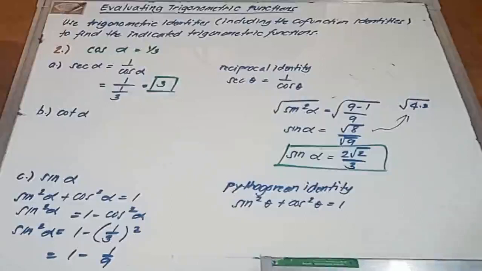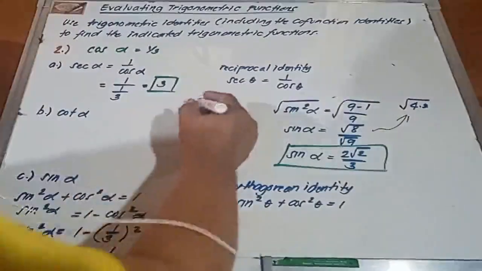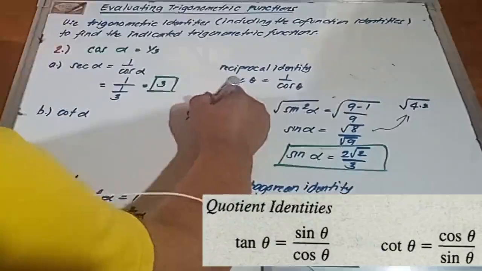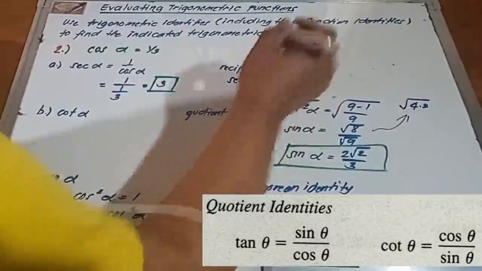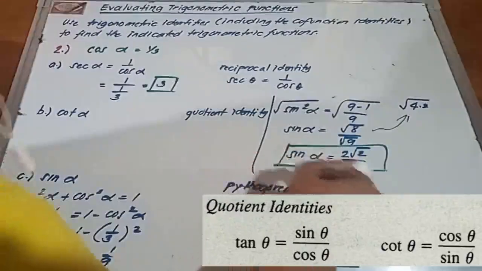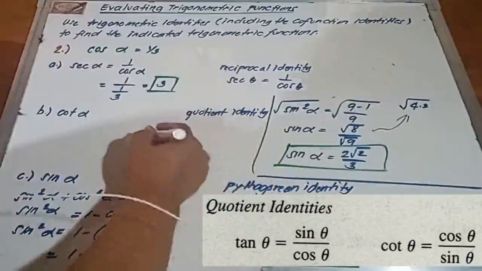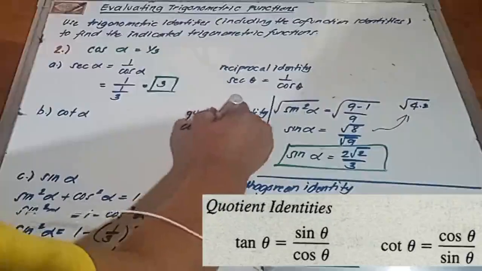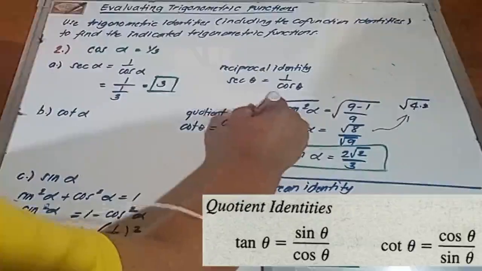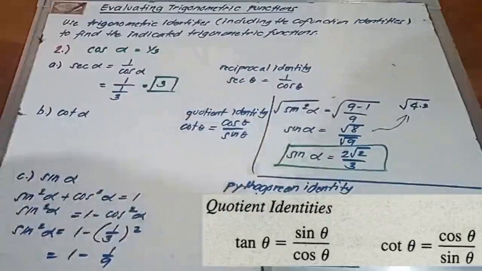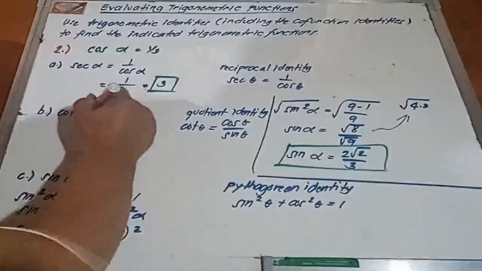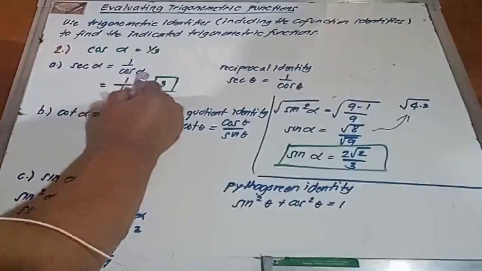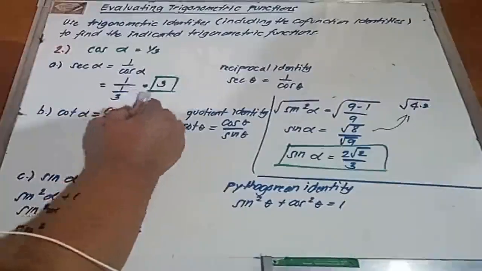Now, cotangent alpha. Gamit naman yung quotient identity. Paano yan? Quotient identity for cotangent theta is equal to cosine theta over sine theta. So, meron na tayong sine at cosine. So, we have cosine alpha over sine alpha.